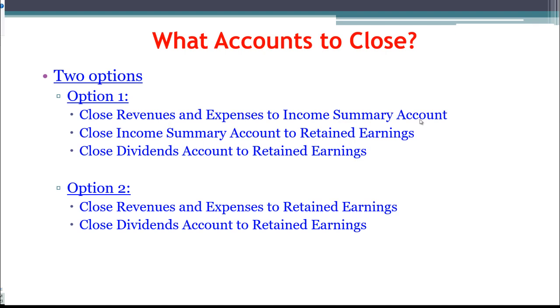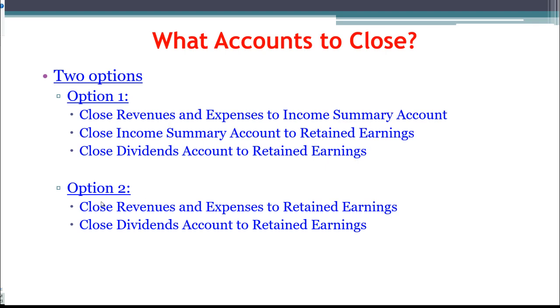It just gives us that amount, just like the income statement would. We take that amount, we use it for informational purposes, but then immediately we close the income summary account to retained earnings. Then our final entry there is we close the dividends account to retained earnings. Everything ends up in retained earnings, all the debits and credits.